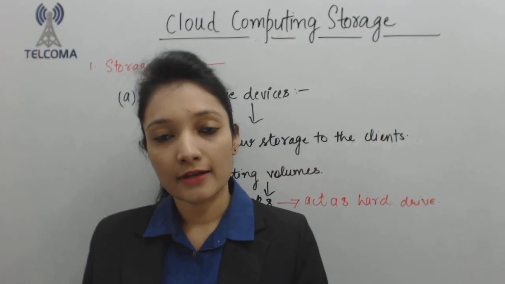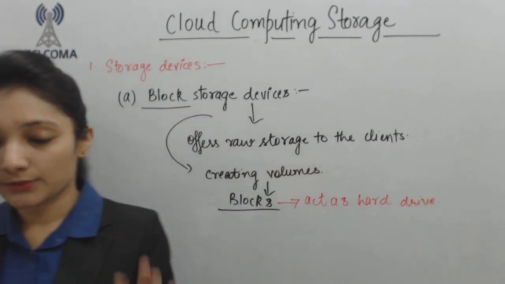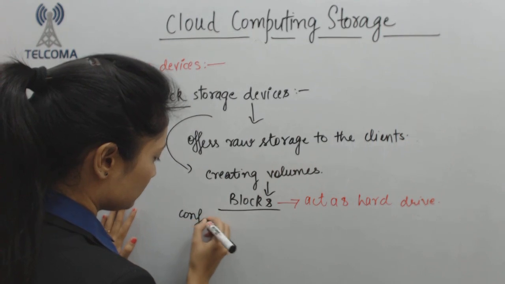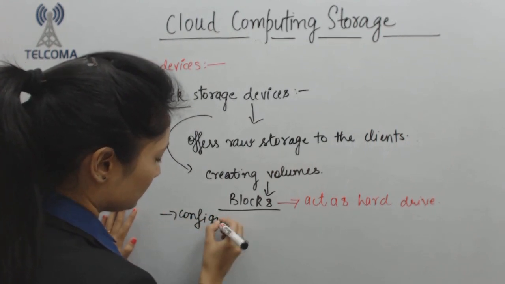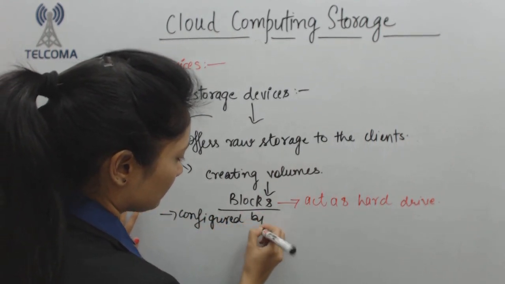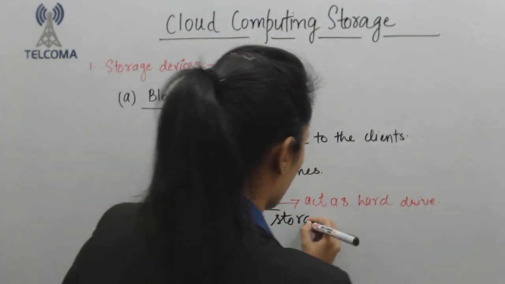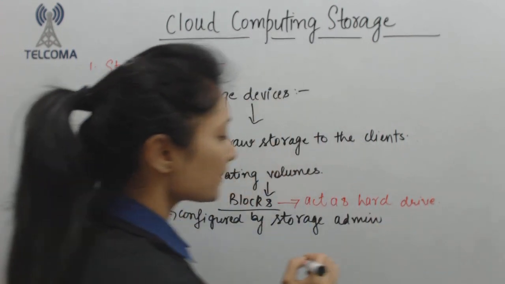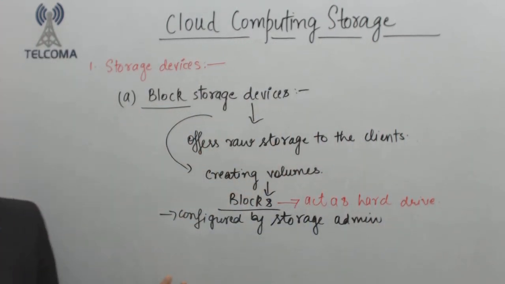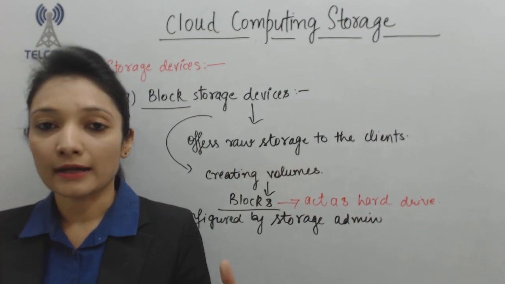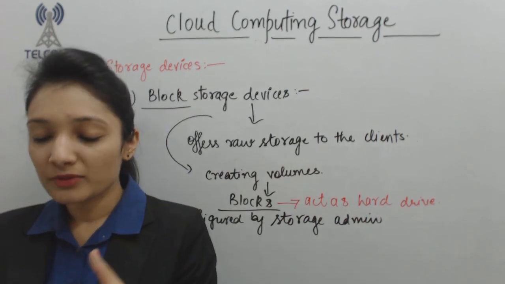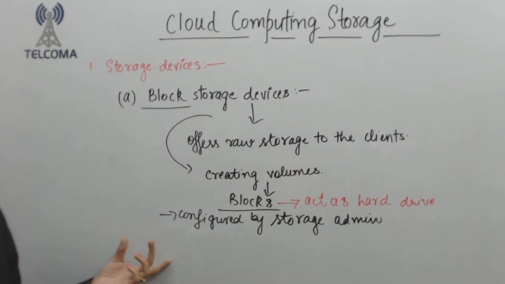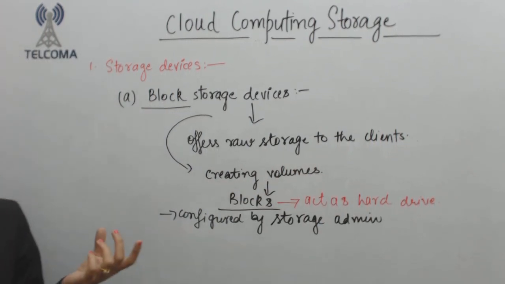Now these hard drives are configured by the storage administrator and controlled by a server-based operating system, and can be accessed by fiber channel or Ethernet. That means the medium in this deployment could be Ethernet or fiber channel.